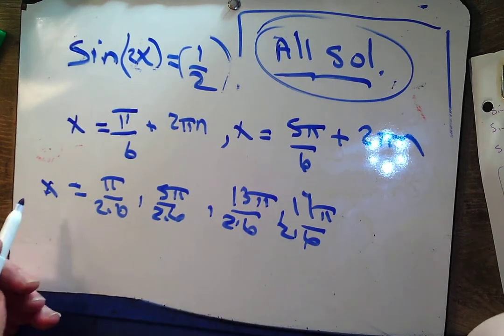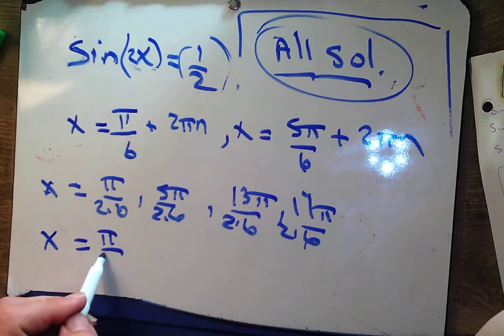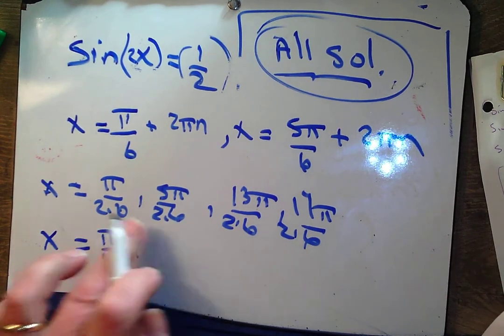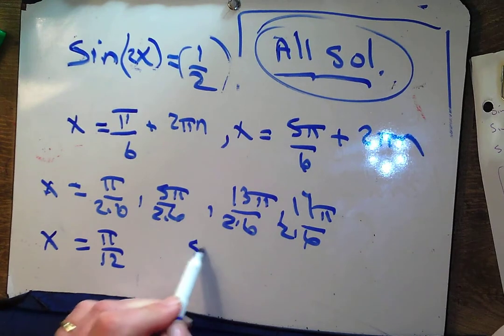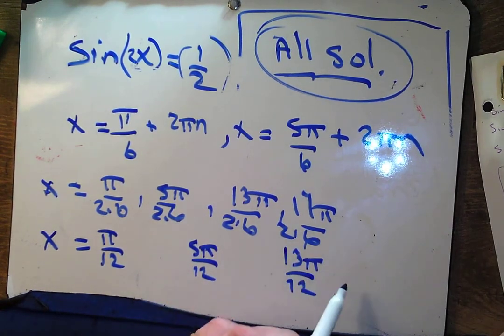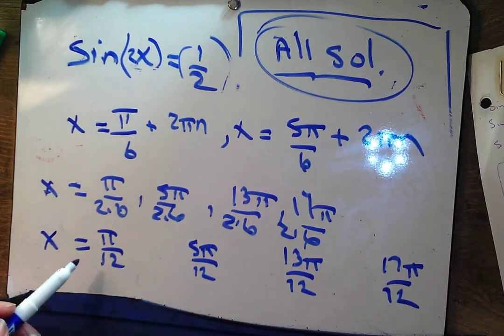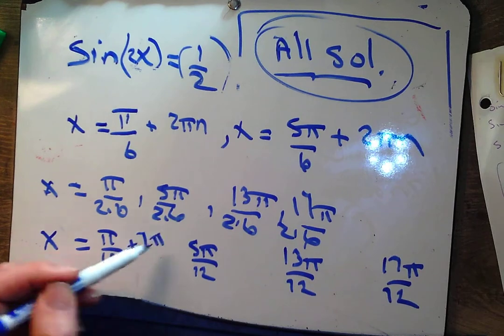And now we've got these pi over 12s. So here's what's happening. Yes. No. And then 5 pi over 12, and 13 pi over 12, and 17 pi over 12. And it's here that students are now slapping on the plus 2 pi.